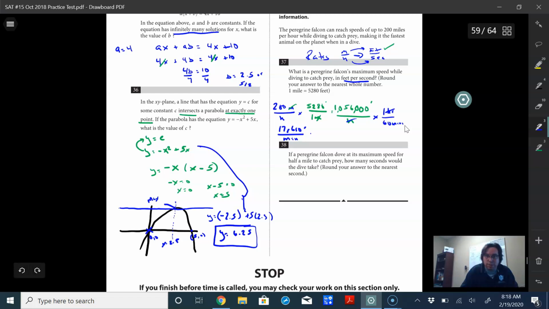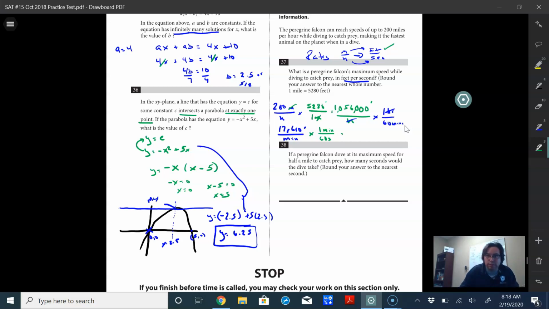But I don't want to be in minutes, I want to be in seconds. I know that 1 minute is equivalent to 60 seconds, so I need to do another division there. Divide by 60.